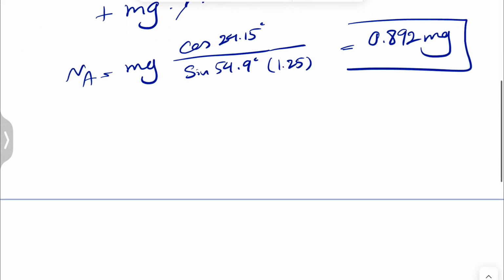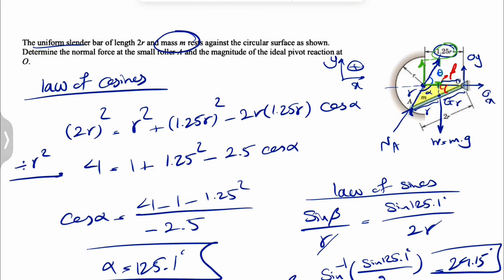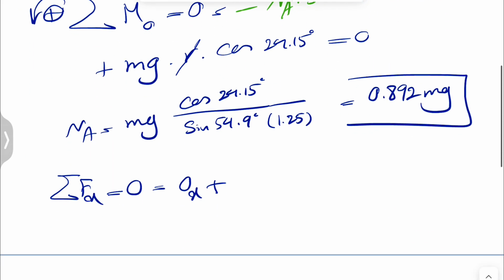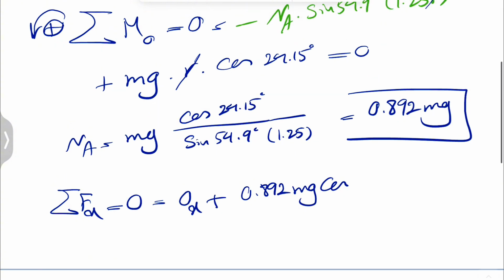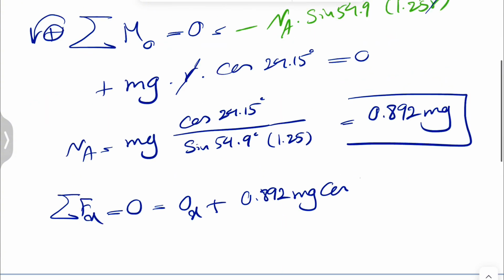And we have two more equations. We have one force equation, sum of all forces in x equals 0, which we're going to have OX. We're going to have the x component of NA, which would be NA cosine of theta. So NA was 0.892 mg, cosine of theta, which was 54.9, and that's pretty much everything.